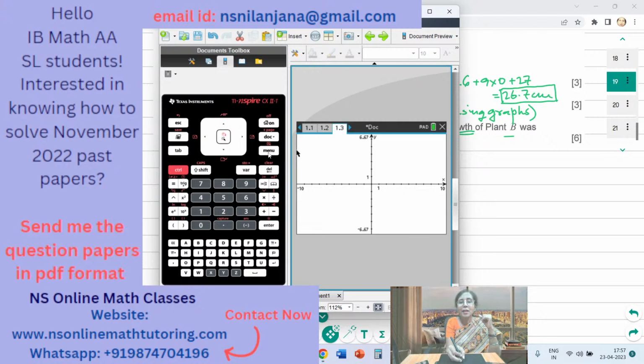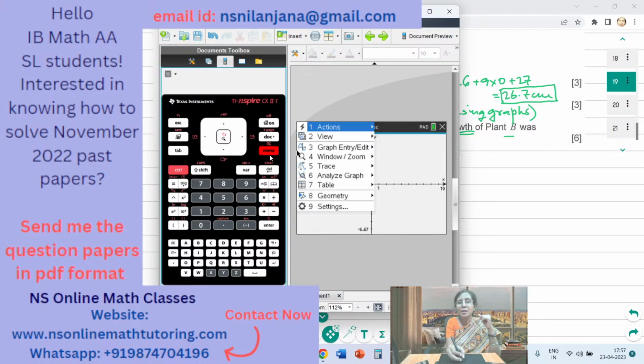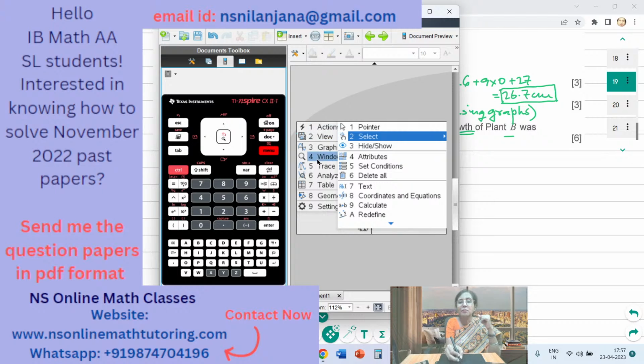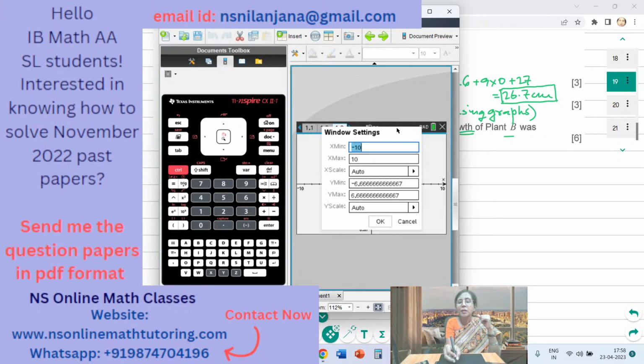So for that, I have to change my graph settings. It should be between 0 to 9, so let me take the window settings between 0 to 9.